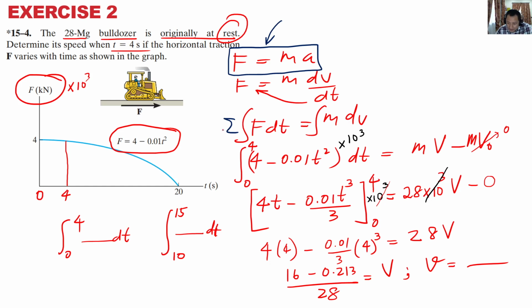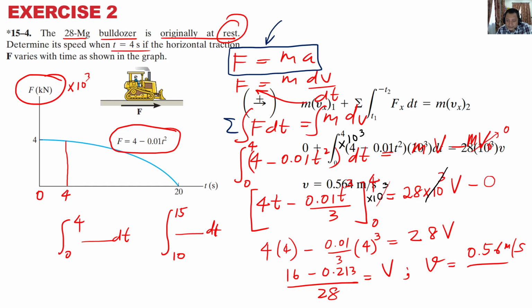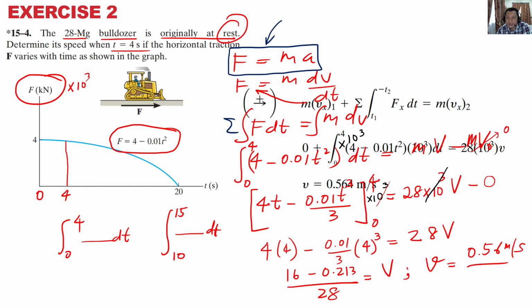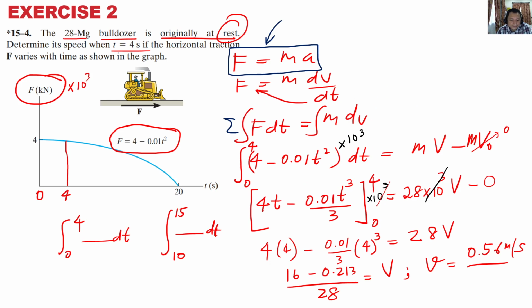Velocity is 0.56 meter per second. That is the velocity. Alright, and you can look at the answer, it's correct. So this is how you do it.